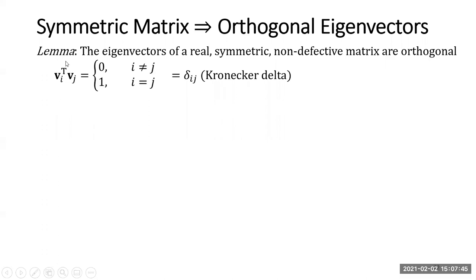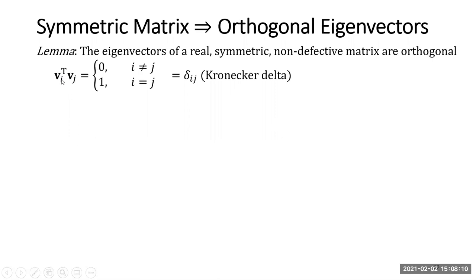In physics, what would the inner product be? It would be the length of Vi times the length of Vj times the cosine of the angle between them. If the angle is 90 degrees, then the cosine is 0, right? Hence, we get 0. So this is what we mean by Vi and Vj being orthogonal.